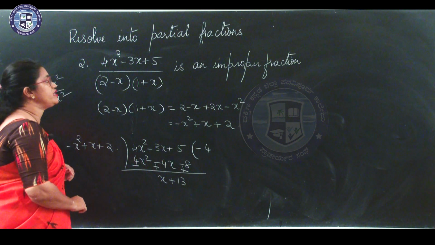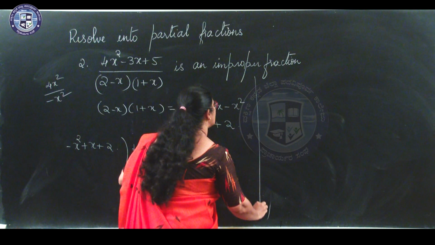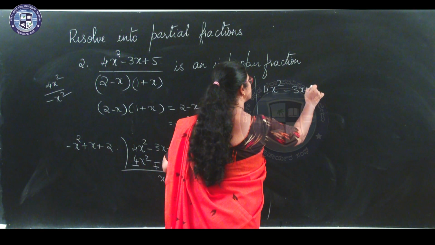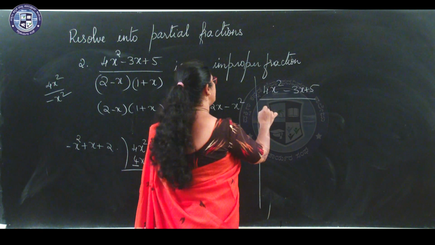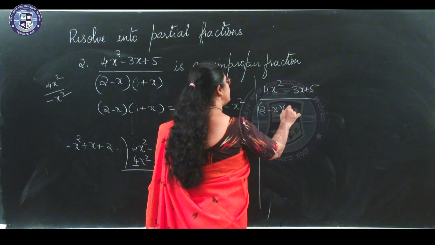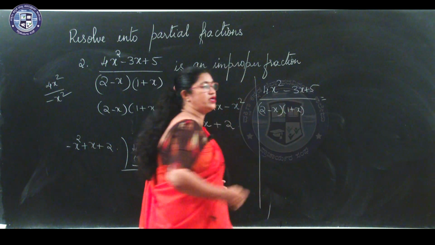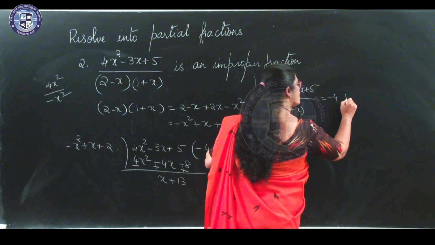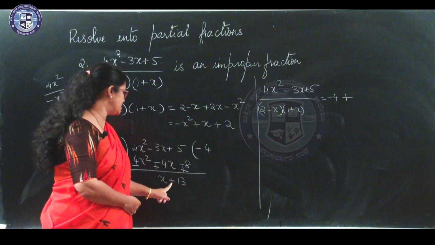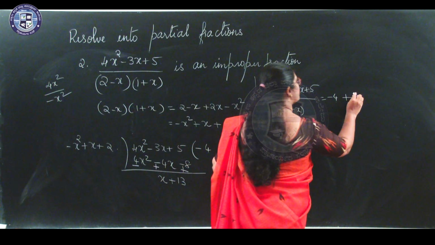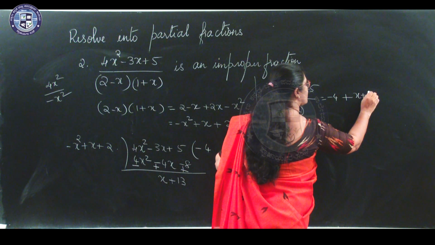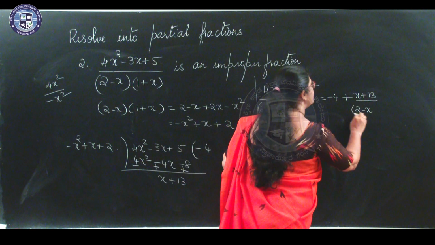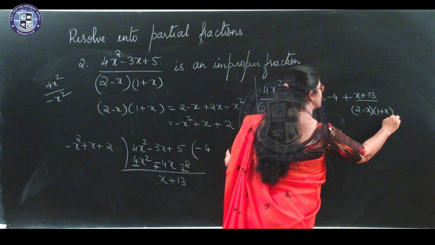So, how do I write the question now? The question now changes to 4x square minus 3x plus 5 by 2 minus x into 1 plus x is equal to, answer, that is minus 4 plus remainder is x plus 13 divided by denominator 2 minus x and 1 plus x.